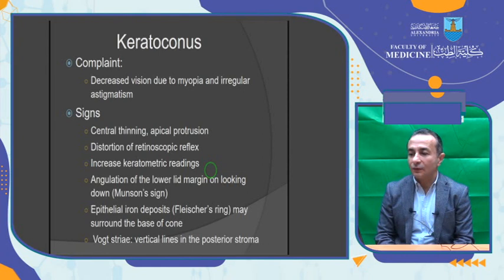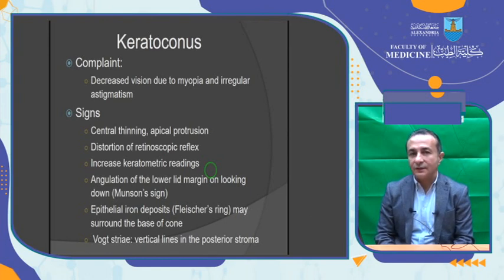And because keratoconus is an ectatic disorder, there will be an increase in the keratometric readings of the cornea. The keratometric readings represent the dioptric power or the curvature of the cornea. In advanced cases, there will be angulation of the lower lid margin on looking down, and this is called Munson's sign.